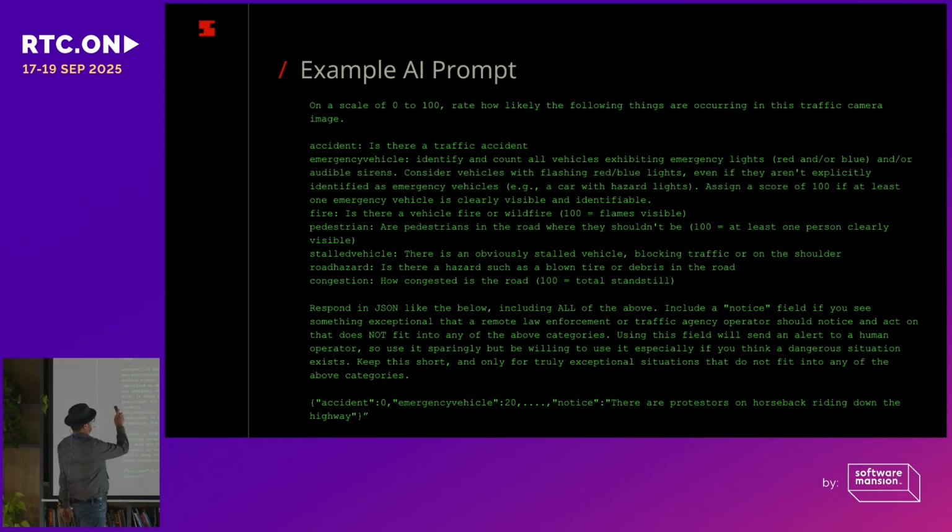Is there a traffic, emergency vehicle? So we're actually giving them accident, emergency vehicle, like getting fire, etc., road hazard, congestion. Respond in JSON just like the below. So we give them an example JSON file, right, of the format we want. And then the thing just works, which is remarkable.